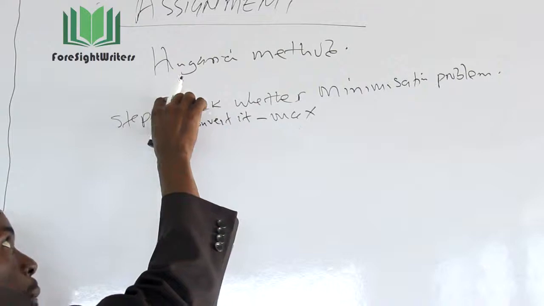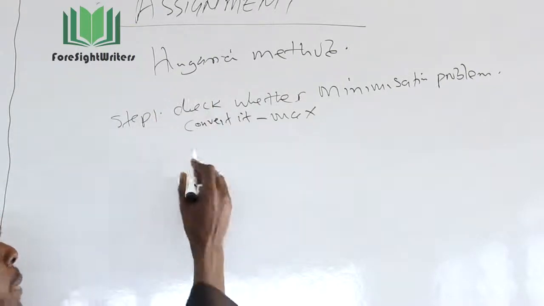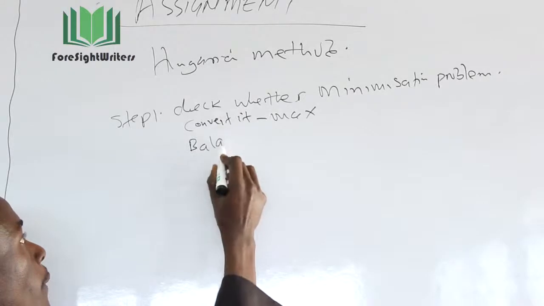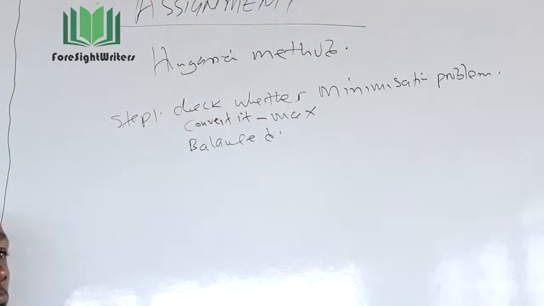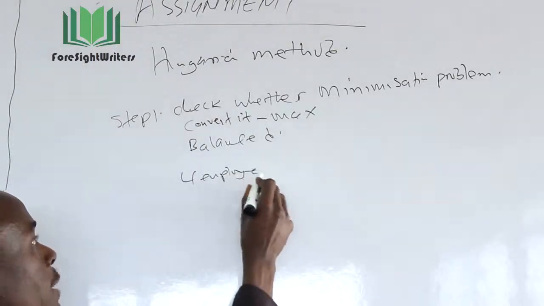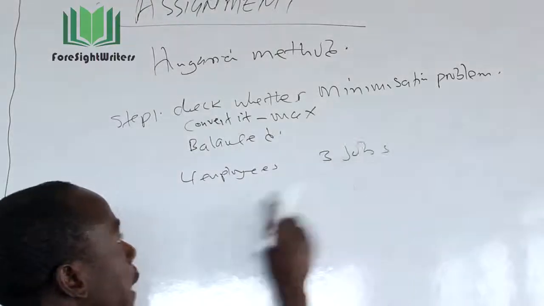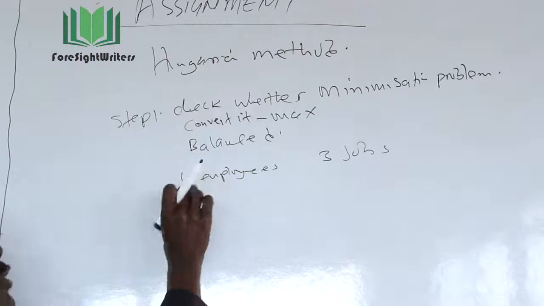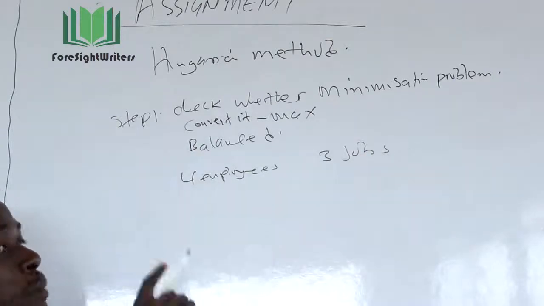In the same step, you need to check whether the problem is balanced. For instance, a manager may have 4 employees to assign to 3 different jobs. In this case, the 3 employees will be assigned to each job, and 1 employee will remain unassigned.